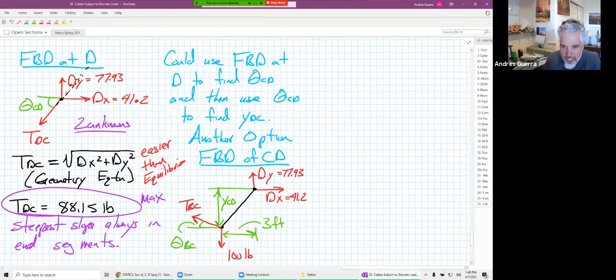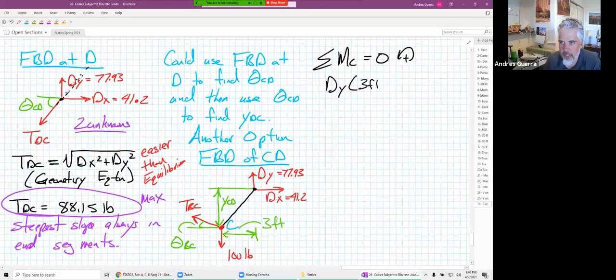If we did the moment about C down here, YCD is going to be our only unknown. So if we take the moment about C, we're going to have a dy times 3 feet, and that's going to be positive, and we're going to have a negative dx times YCD equal to 0.